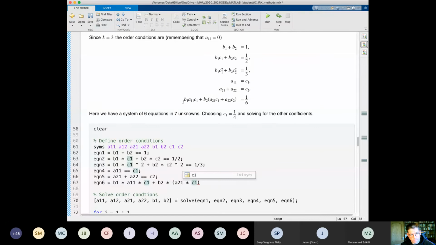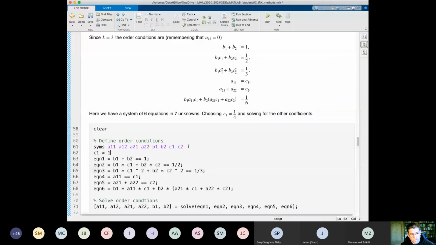So one of our values we're going to have to select, like we did with the explicit Runge-Kutta method. So let C1 be equal to 1/4. I've specifically chosen C1 to be equal to 1/4 because it means we get some nice values elsewhere. If you were to choose other values of C1, you might get some horrible square roots appearing.